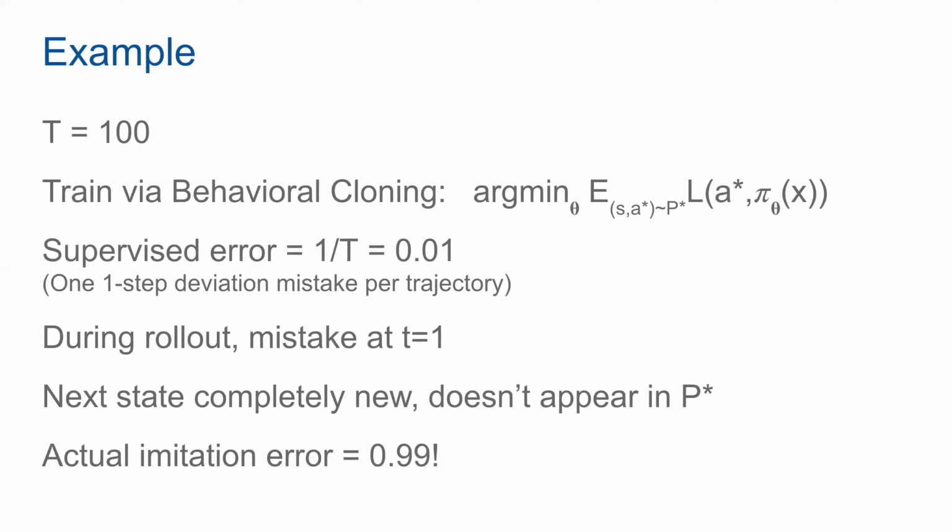In particular, if you make a mistake at the first time step and it's a catastrophic mistake, then the full imitation error is basically 100%. Any questions about this?